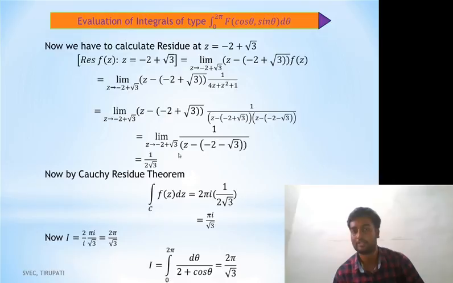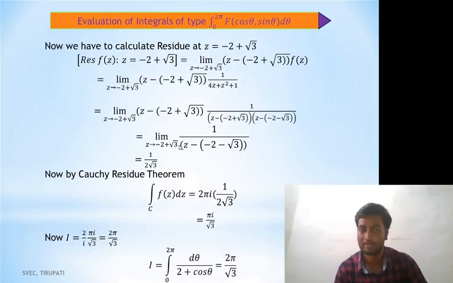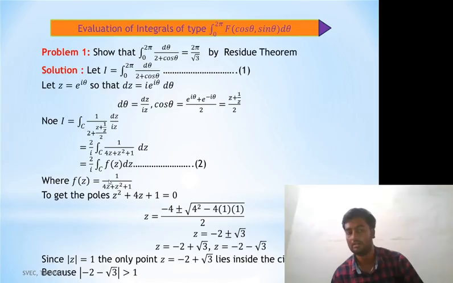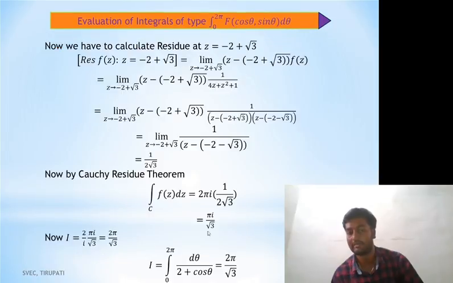After minus 2 plus 2 gets cancelled, it is 1 by 2 root 3. Now only one point lies inside, so that is your residue. One point lies inside, that means 2 pi i into its residue is this. The 2s get cancelled: pi i by root 3. Now I equals 2 by i into this, and this we already found is pi i by root 3. Substitute, then i gets cancelled. It is 2 pi by root 3.